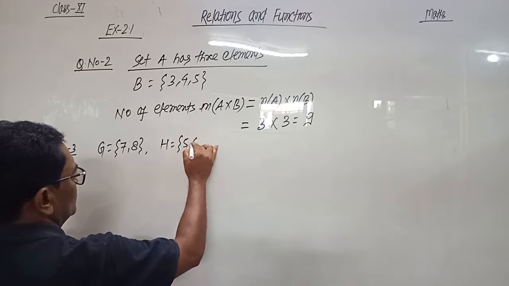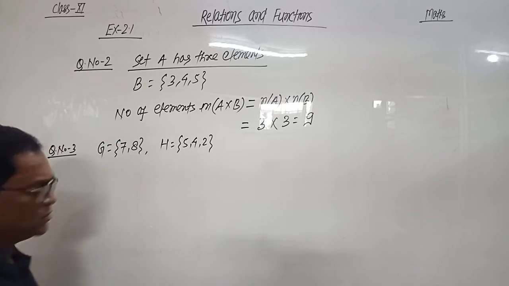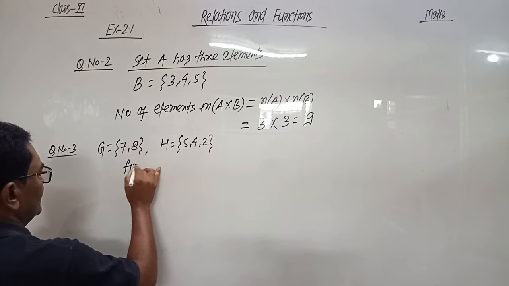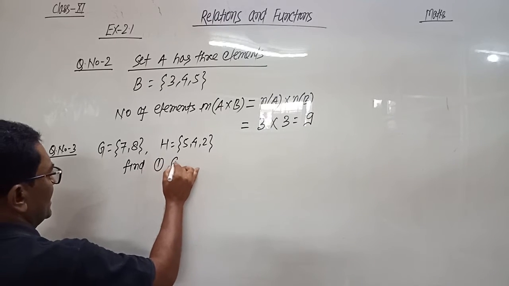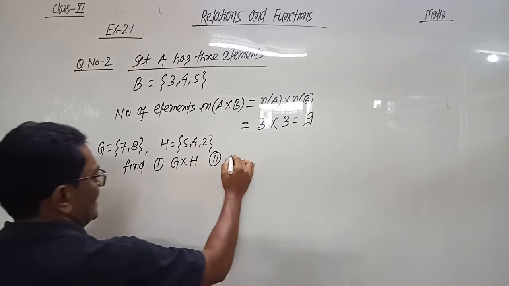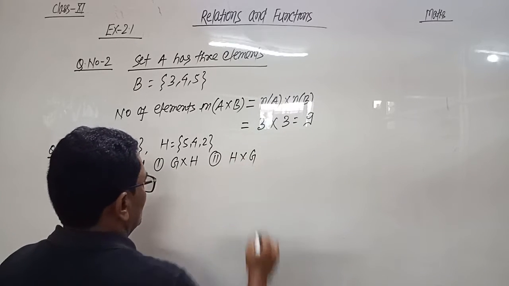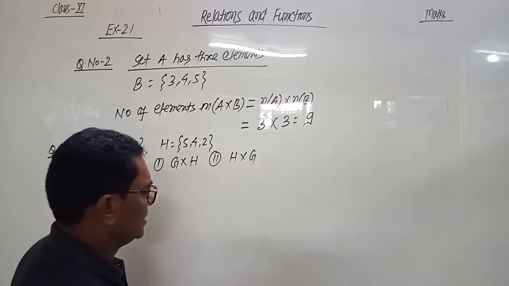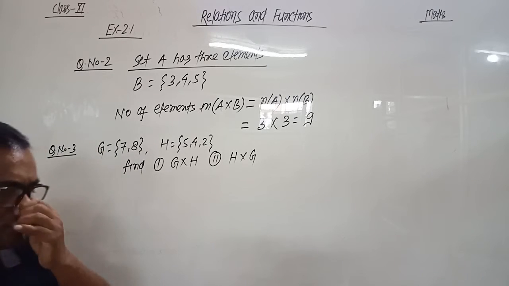Find G × H and H × G. So we have to find G cross H and H cross G. G cross H and H cross G are called the Cartesian product. So we have to find the Cartesian product.